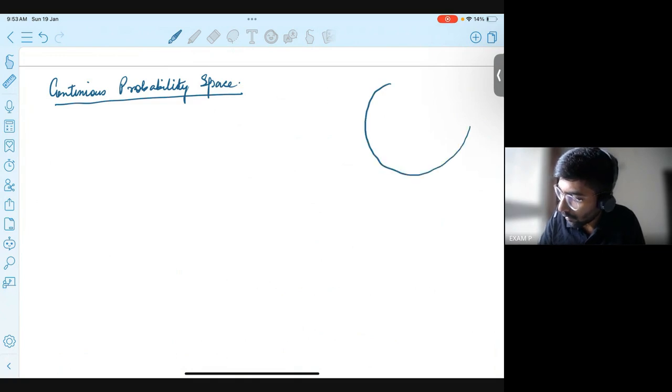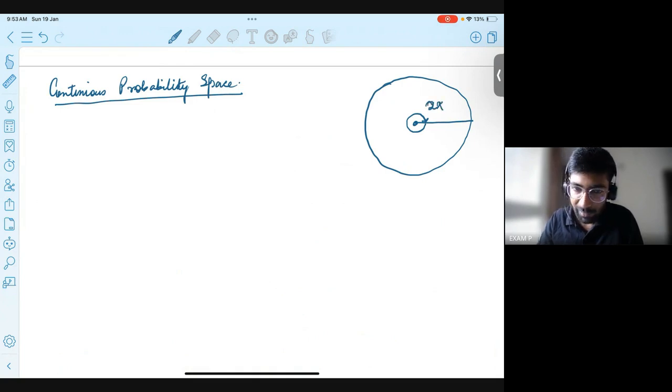A complete circle, let's say this is 0 degrees, and if you take the entire circle, this is how much? 360 degrees, right? 360 degrees is also called 2 pi. Pi is 180, so 2 pi. So when you spin this particular circle, let's say there is a hand which can stop anywhere. So this hand can take any value.